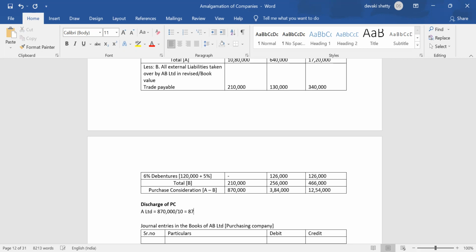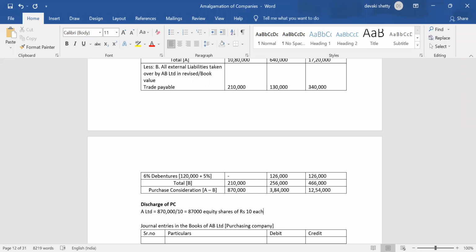It will be 87,000 shares of rupees 10 each. For 8,70,000, AB Limited will be issuing equity shares as given in the question.